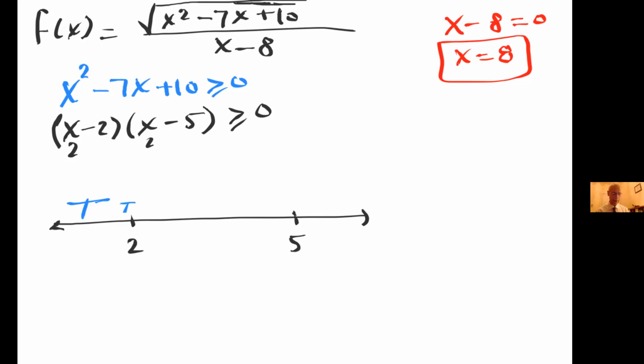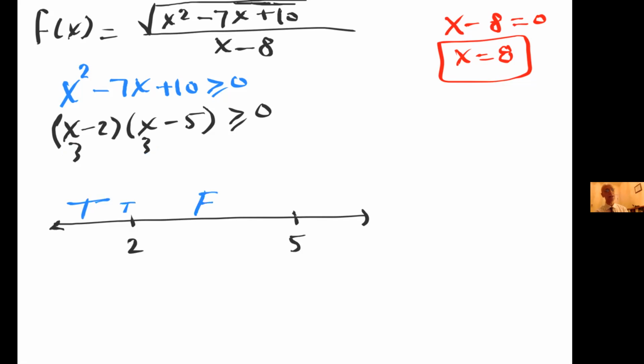Between 2 and 5, let's say 3. If I plug in 3 for x, 3 − 2 is 1, and then 3 − 5 is −2. Negative 2 times positive 1 is a negative number, so it cannot be greater than or equal to 0, so false.